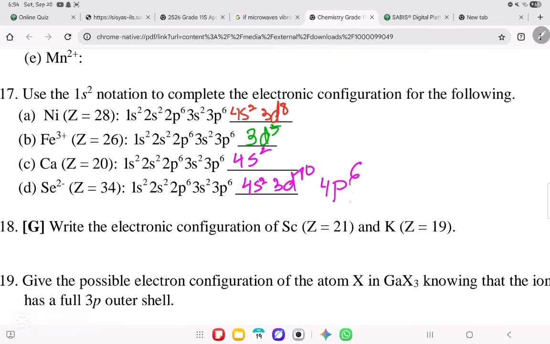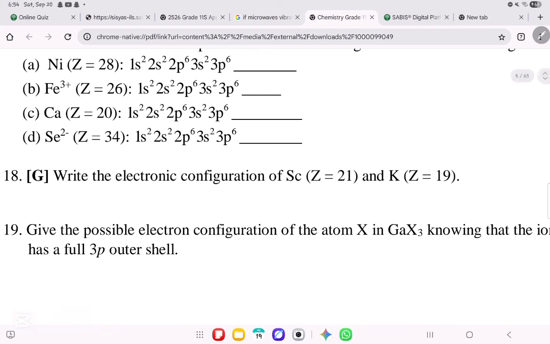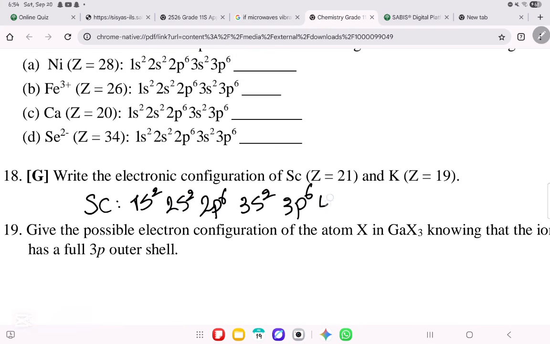Okay, so let's write the electronic configuration of Sc, which is 21, and K, which is 19. Sc is 1s2, 2s2, 2p6, 3s2, 3p6, 4s2, 3d1. Let's calculate: 2 plus 2 plus 6 plus 2 plus 6 plus 2 plus 1, that's 21.